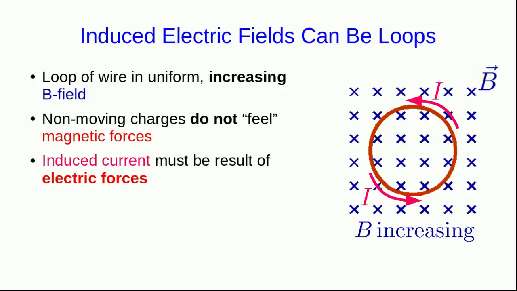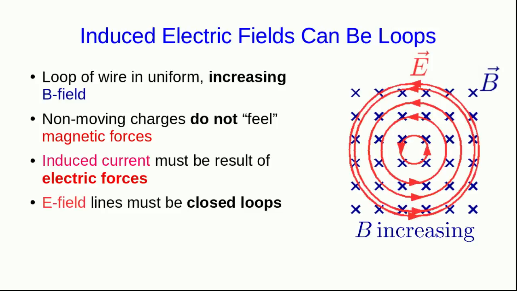But what's the shape of that field? Well, the fact that it gets current going around a loop gives us a hint that it can be a circular field. Now, it isn't always circular. If the region containing this increasing B field is cylindrical, so it has cylindrical symmetry, then the E field that it produces will also have cylindrical symmetry, and so it will be circular loops.